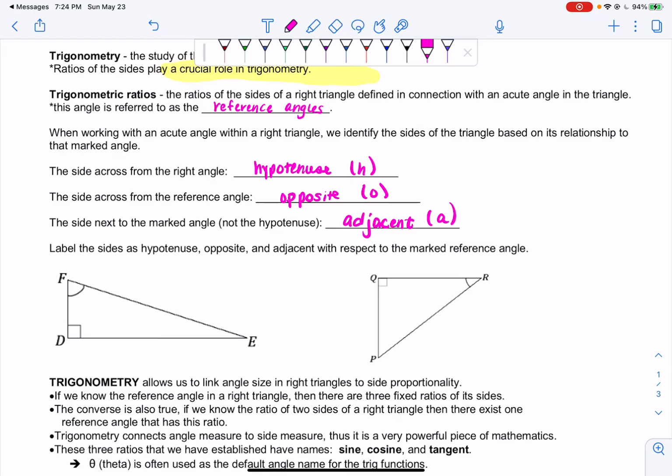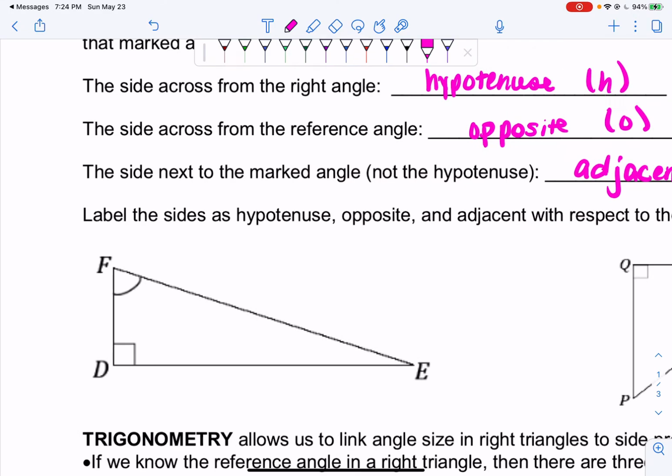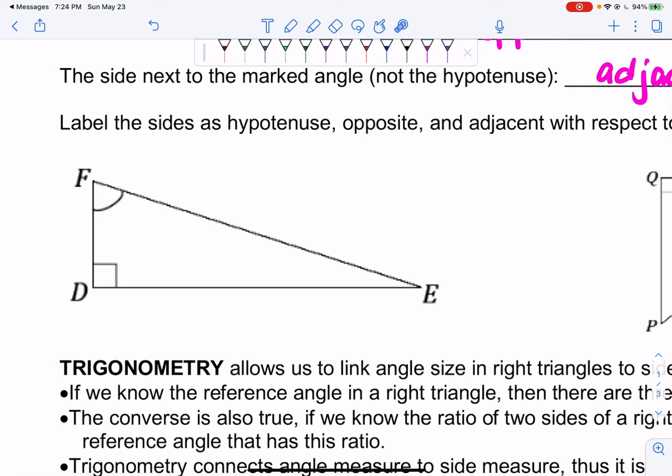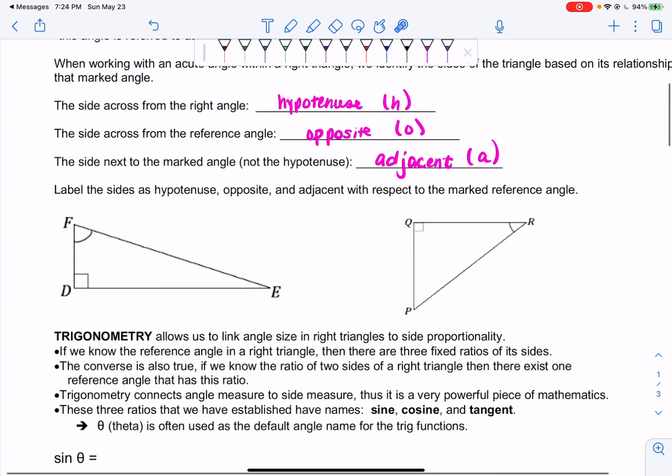What we're going to be doing right now is labeling the sides as hypotenuse, opposite, and adjacent with respect to the marked reference angle. The reference angle is never going to be your right angle. Your reference angle will always be marked like this. So in this image, angle F is my reference angle. So the first side we're going to identify is our hypotenuse, which is the side across from our right angle. So I'm going to draw an arrow across from D and get this as my hypotenuse.